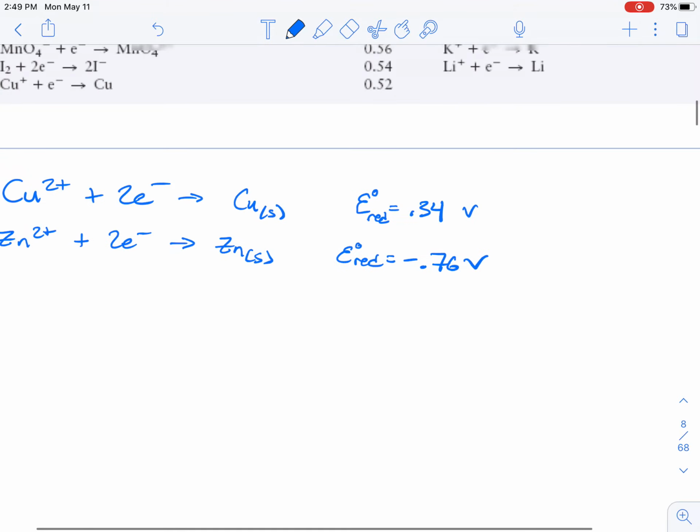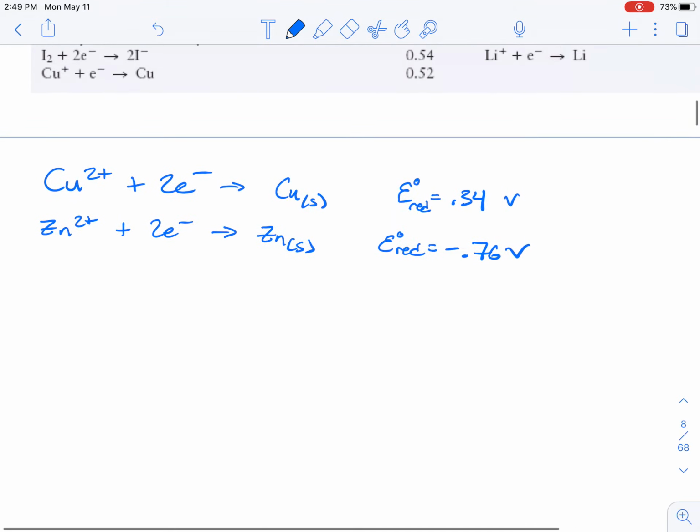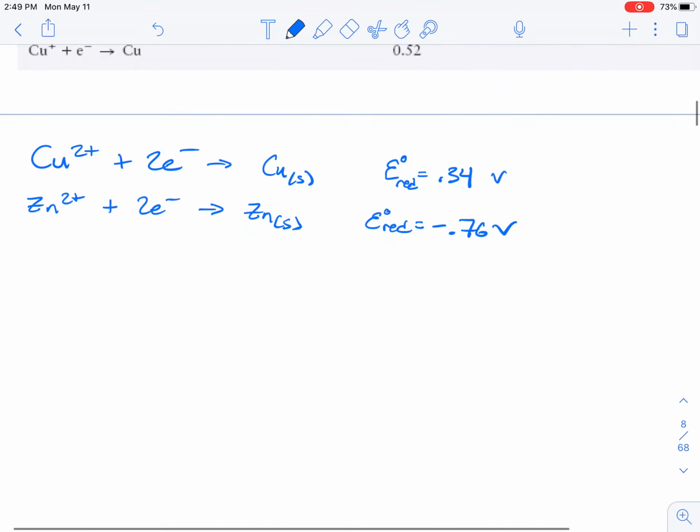Okay. Now that we've identified the reduction potentials for both of our half reactions, we are going to add them together. Actually, let me take a step back. I'm going to show you how to solve the standard cell potential in 2 ways.